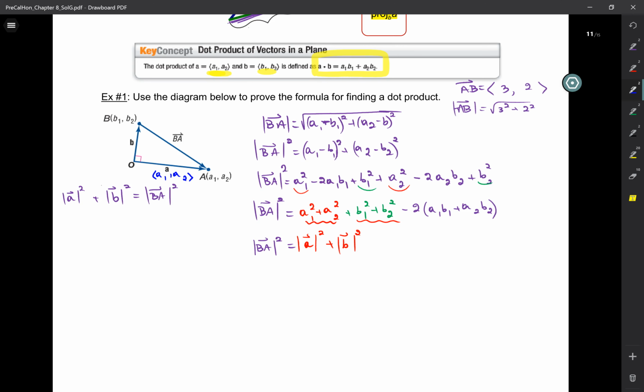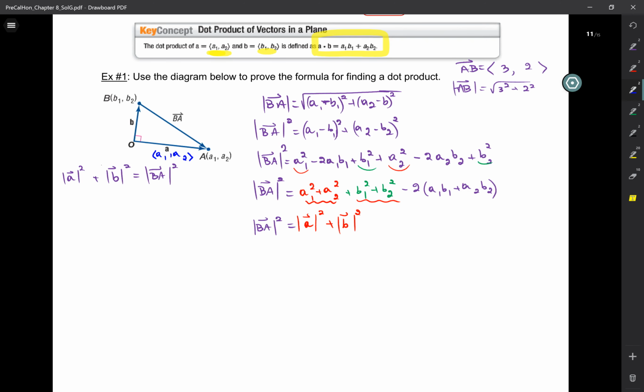Magnitude. So why do you have to square it? Well, because, look at this. But I still don't understand why it's squared, because the magnitude would have been the square root of A1 squared plus A2 squared, right?